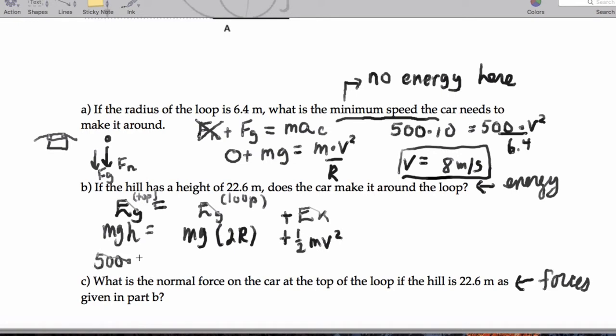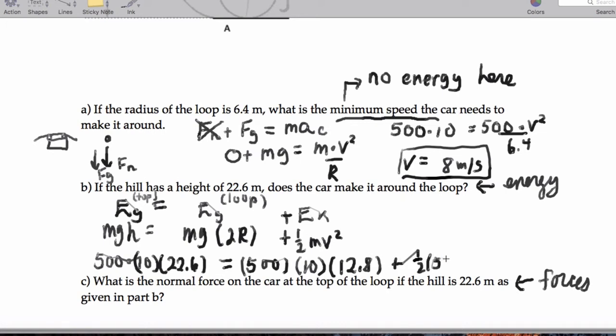Now I'm going to put in my numbers. 500 times 10 times 22.6 is going to equal 500 times 10 times 2 times 6.4. That's going to be 12.8, plus 1/2 times 500 times v squared.